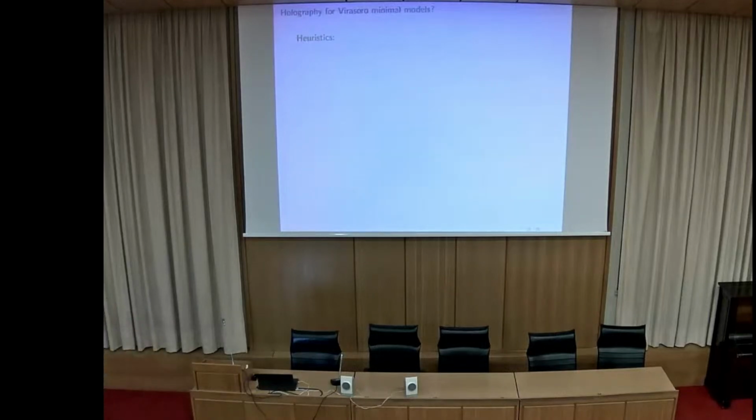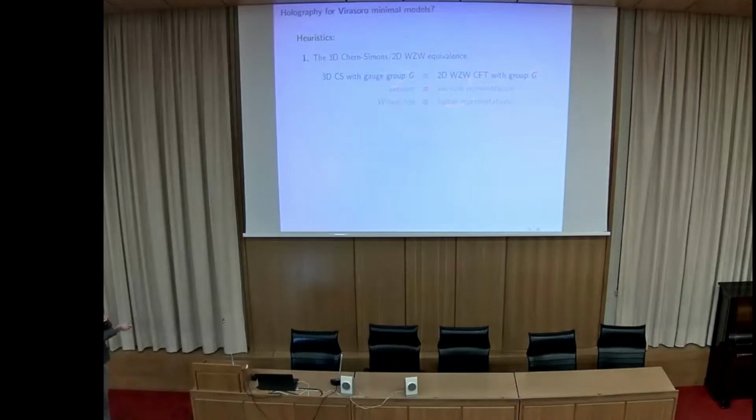Okay, so now how to argue for holography for various minimal models? It's completely hand-waving and heuristics. First, we have this Chern-Simons Wess-Zumino-Novikov-Witten equivalence. If we have Chern-Simons on the disk with group G, this is the same as the variation of Wess-Zumino-Novikov-Witten CFT with group G for compact groups.